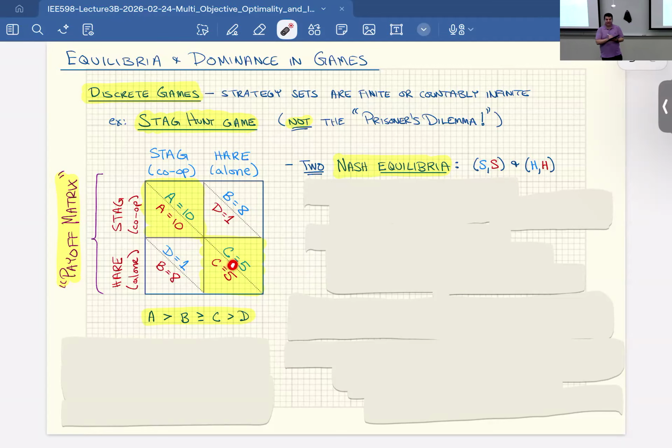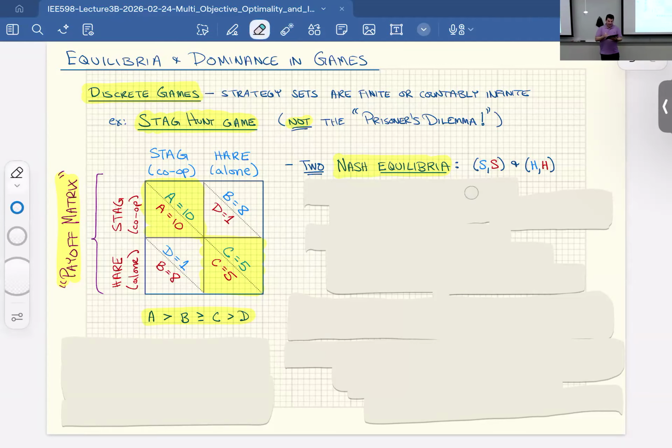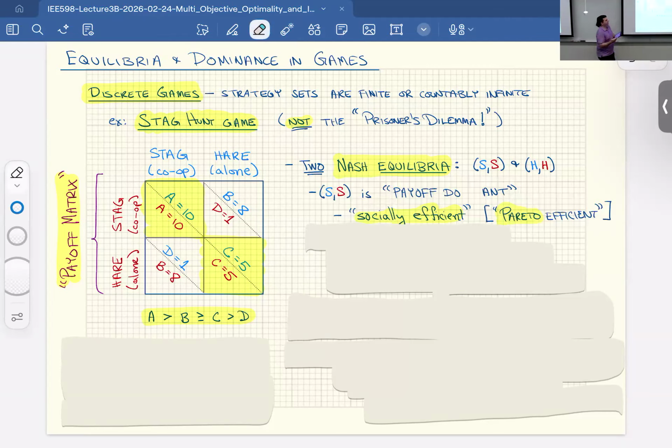If you start to play stag when the other is playing hare, then suddenly the one who's playing hare will get an 8 and you'll get a 1, so it'll go down. So in both of these cases, there's no benefit to change if only you are the one to change. So there's two Nash equilibria.